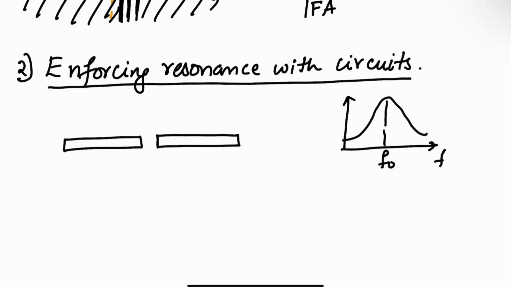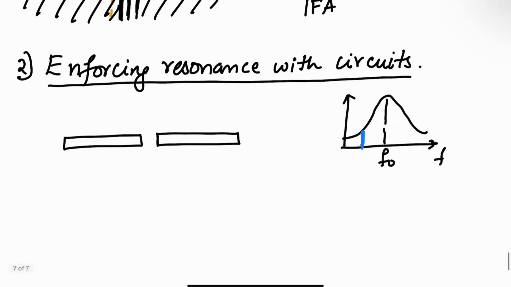Now I want it to resonate at a lower frequency. If I want this to resonate here and radiate out here, then I know that it is going to be capacitive at this frequency. So to force it to resonate, I can add an inductor here. That's one way to do it.